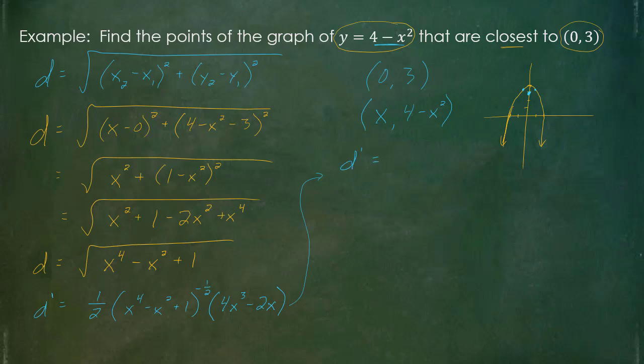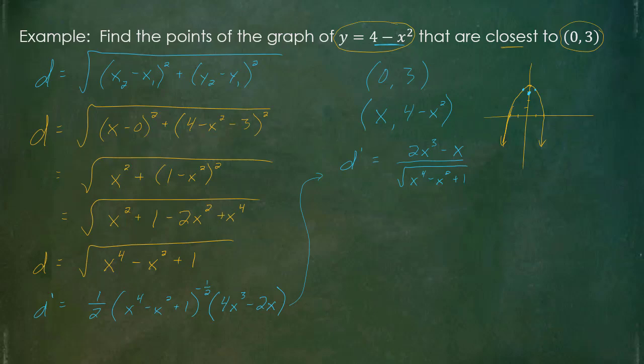My derivative is equal to, looks like I've got, if I distribute that 1/2 through, that would turn that parenthesis into 2x cubed minus x, because I can divide both of those numbers by 2, and then the denominator would just be that square root of x to the 4th minus x squared plus 1.